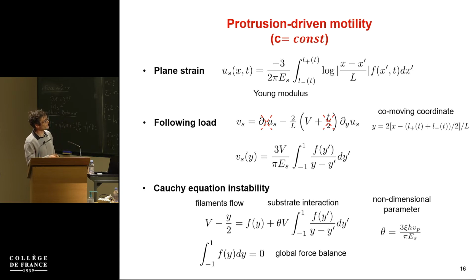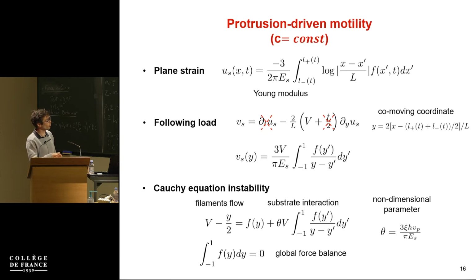And so you have, in steady state, a velocity which depends on the velocity of the cell, which is unknown, times a Cauchy kernel, which represents the deformation of the substrate. It's a quadratic nonlinearity here. Although this is constant, this is unknown, and this depends on the traction force. So it's again a convective quadratic nonlinearity, exactly like in the contraction-driven motility case, where it was a convective quadratic nonlinearity which was leading to the instability.